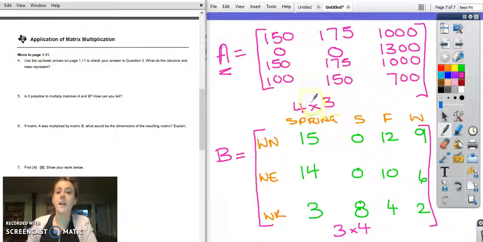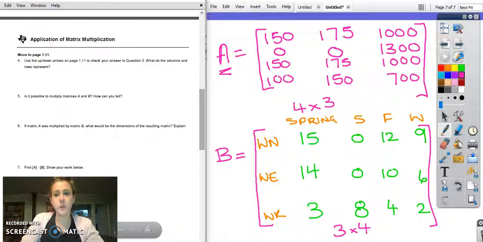And we've already gone through and identified. By labeling it to help us set it out, we've already identified that we're talking spring in this column, summer, fall or autumn, American page, and winter here. So then working across the rows, we've got weeknights, weekends, and weekly bookings there, which is different to our matrix A.